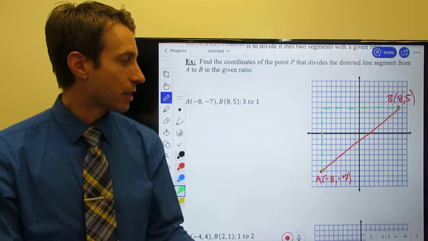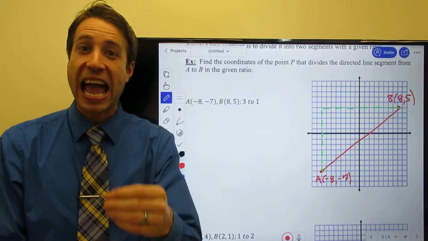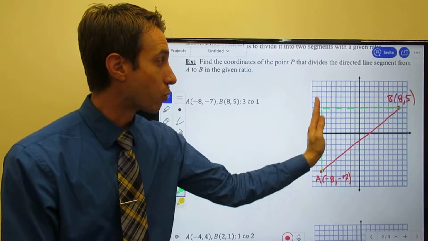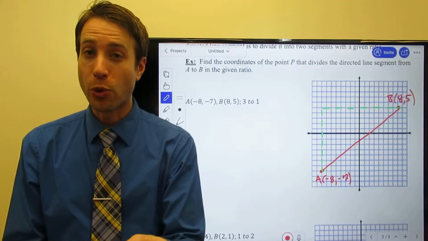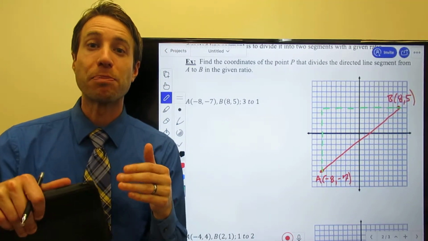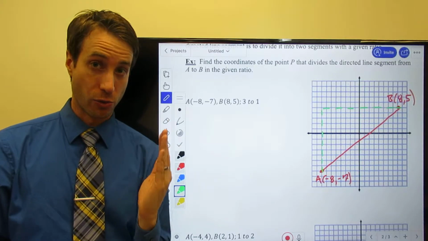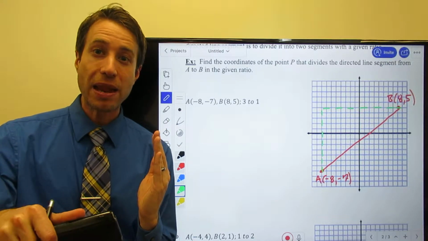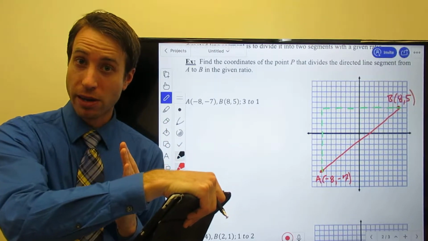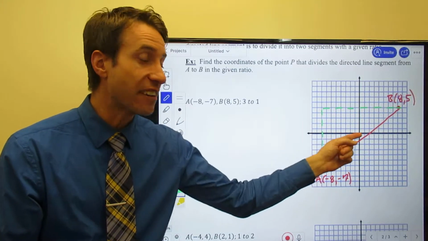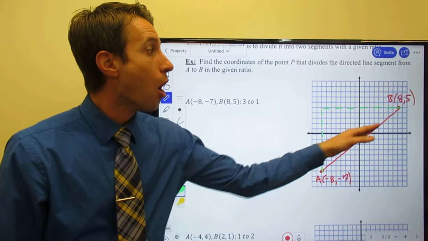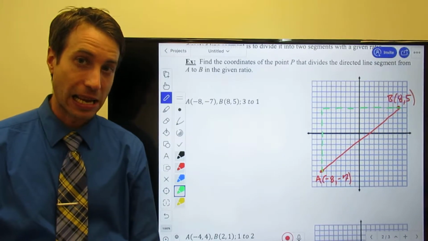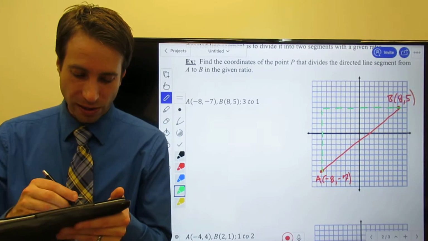Okay, so I have now taken my directed line segment and I have split it up into a rise and a run. What we're now going to do is simply partition the rise and then partition the run, and doing so will give me the point that I need where P needs to go on my directed line segment. Check this out, you're gonna love it.